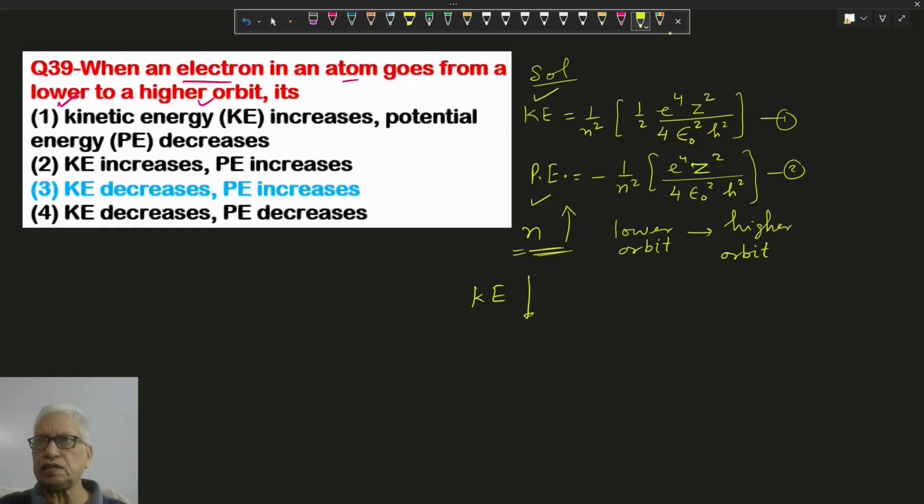By increasing n, from the first equation we can say kinetic energy decreases, and the numerical value of potential energy also decreases, but because of the minus sign it increases. So option 3 is correct.